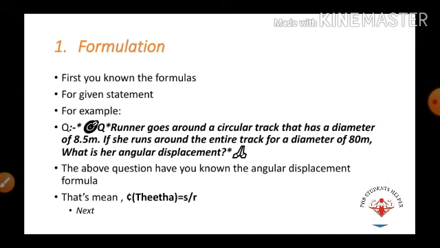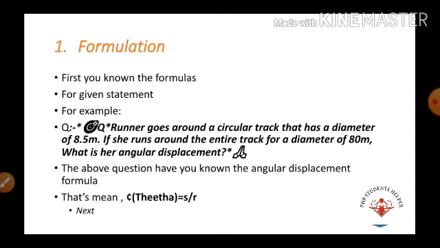The first rule is formulation. First, we find the formula for the given statement. On your screen, one numerical is shown. The runner goes around a circular track that has a diameter of 8.5 meter.